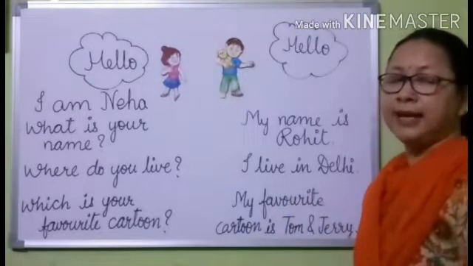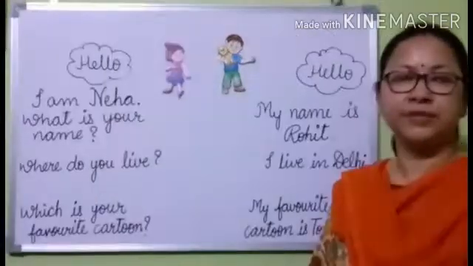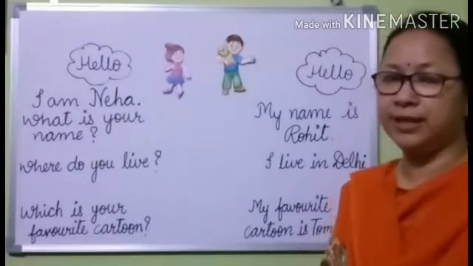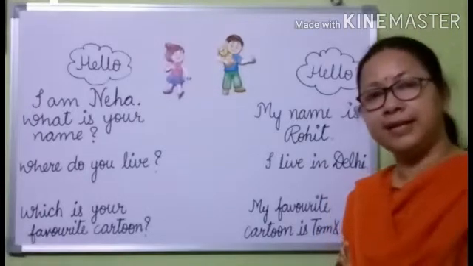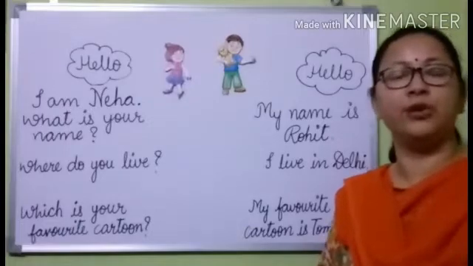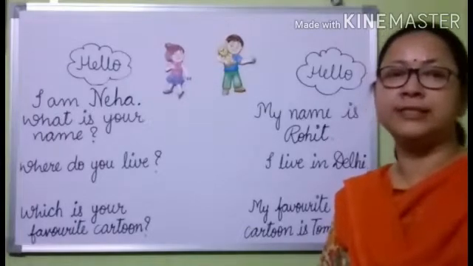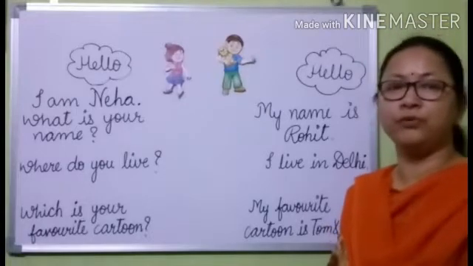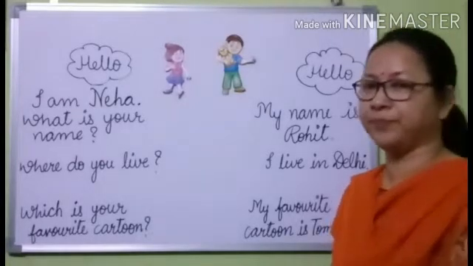He is telling about him. Children, an asking sentence is a question and a telling sentence is a statement. So children, today we are going to learn about statements and questions. It is our chapter 3 of English grammar.